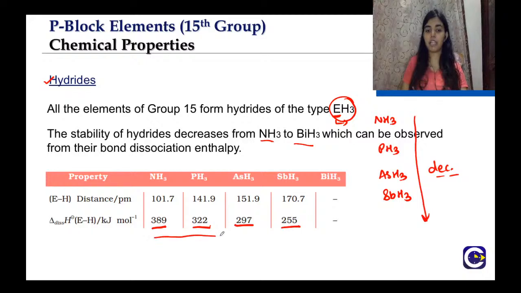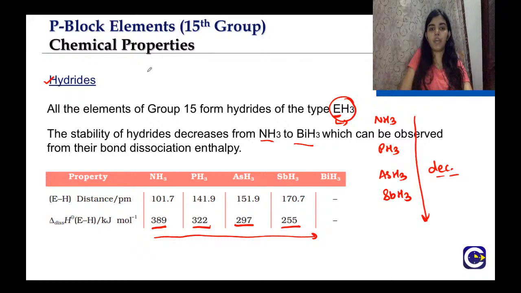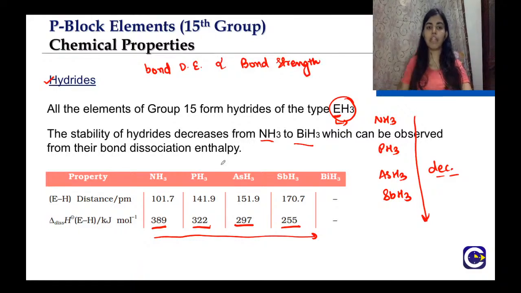We know that bond dissociation enthalpy is directly proportional to the bond strength. Lower the bond dissociation enthalpy, weaker is the bond and lesser is the stability, because it will break with a minimal supply of energy.